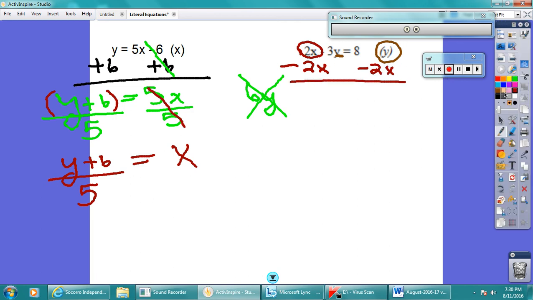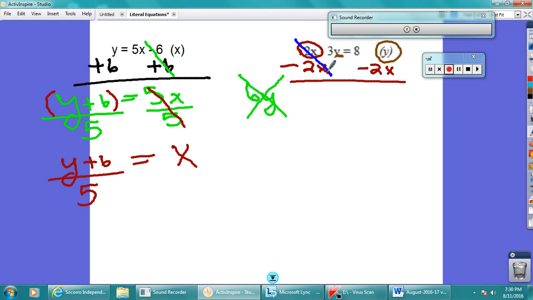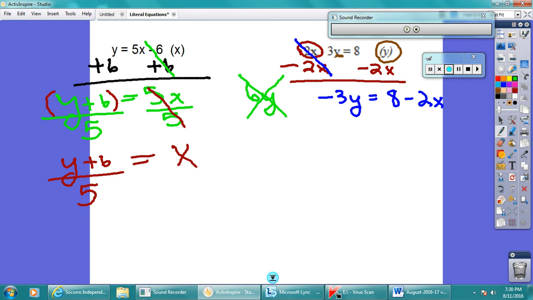Okay, now, 2x minus 2x cancels. We bring down the negative 3y. Now again, be careful. Here we have 8 minus 2x. Okay, we're almost done. Our y is almost by itself.